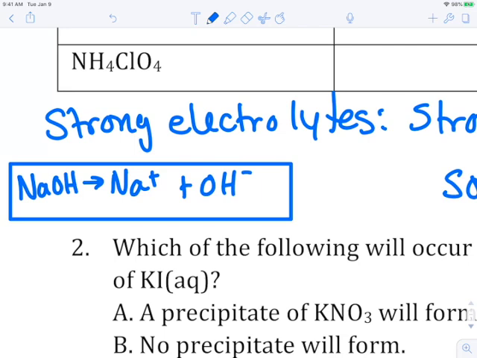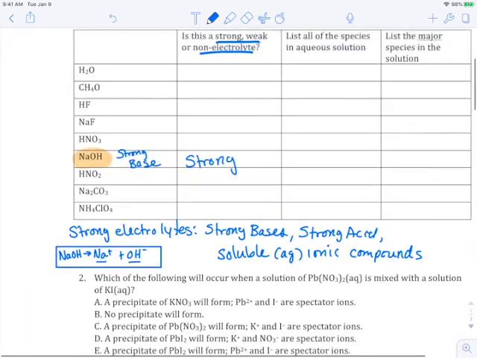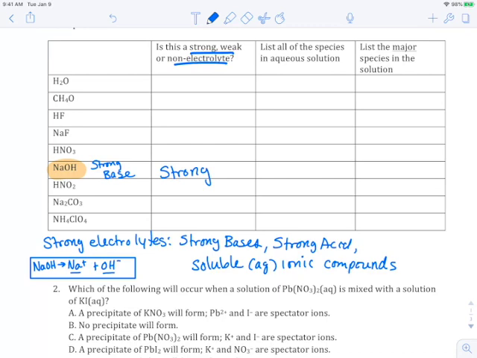So if I'm looking for the species in aqueous solution, it is these right here: sodium and hydroxide, Na+ and OH-. Any questions on why I would say that Na+ and OH- are the species in aqueous solution? Those are the species that are actually floating around. NaOH as a whole does not float around because it breaks up 100%.